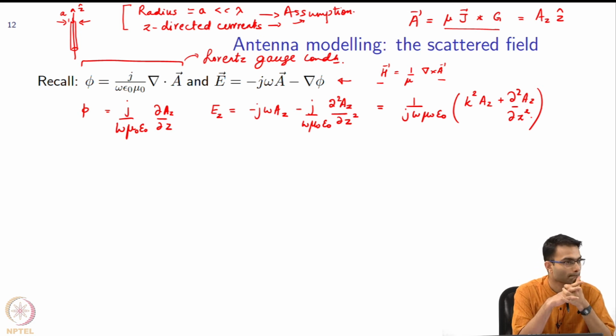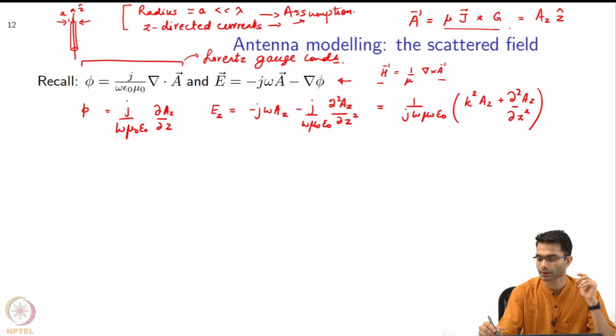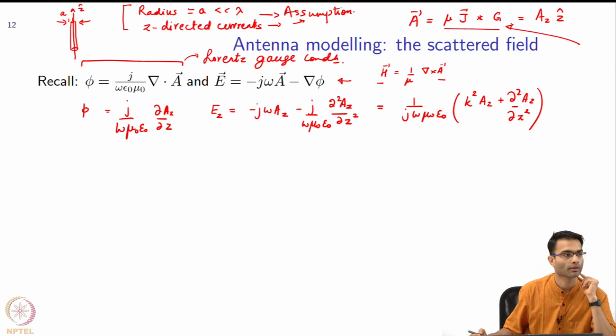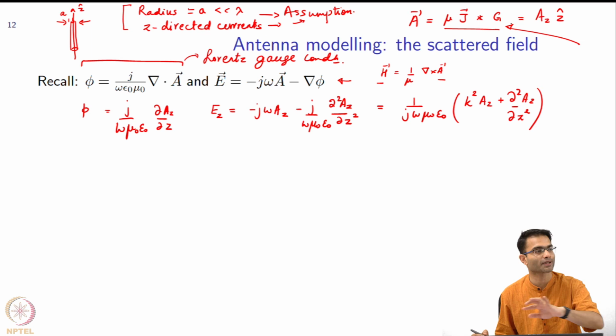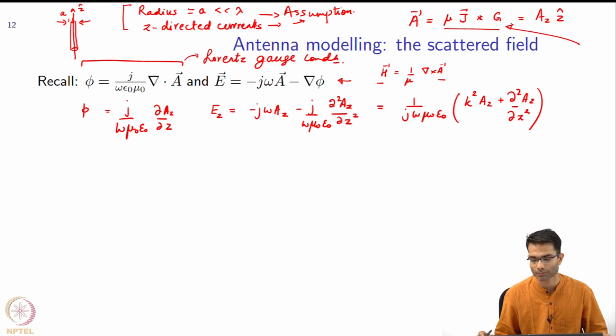Now what? Now I have to use this property over here, right? I will remember what my objective is: to somehow solve for the current, right? Once I get J, then I have to put in this expression for the magnetic vector potential over here.